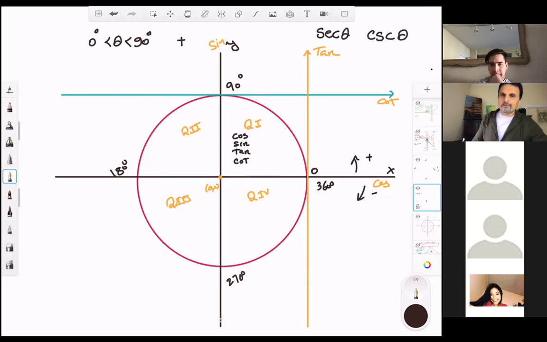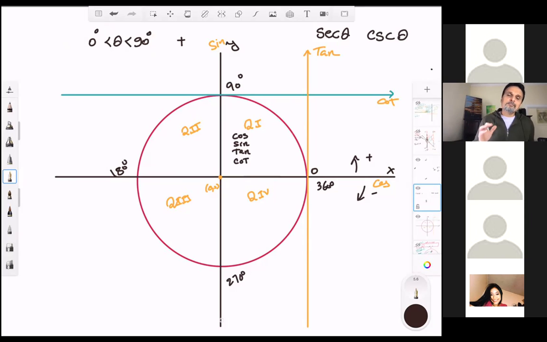If theta is between 0 and 90, are they positive or negative? Positive. How do you know? The table we made. Very good.